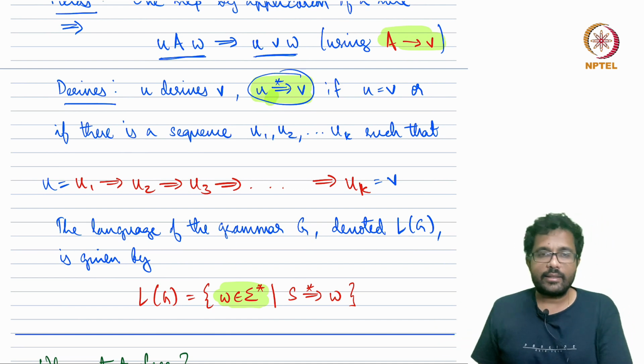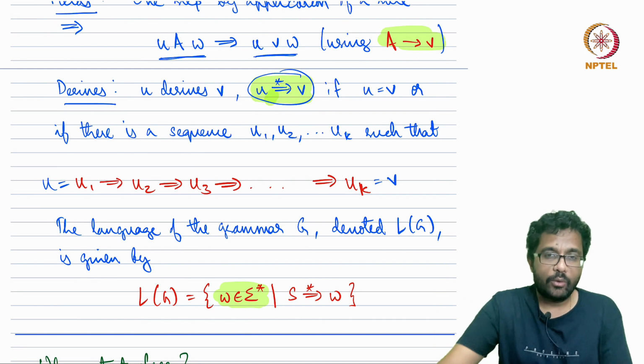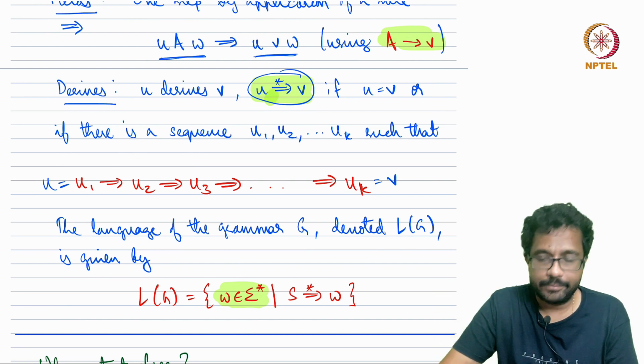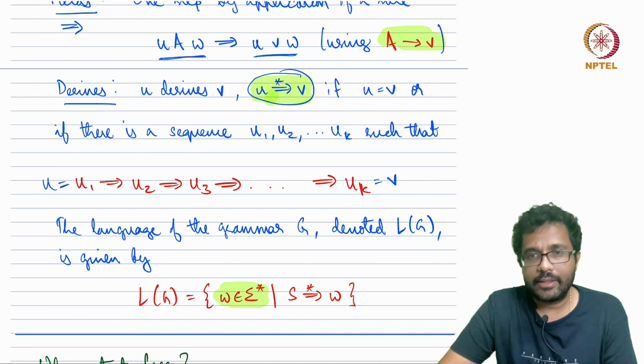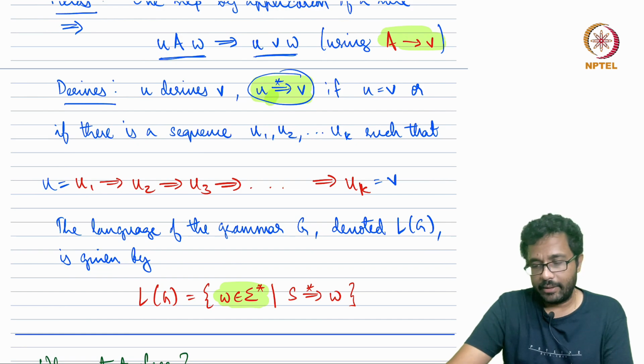So the language is the set of all strings that only consist of terminals and can be derived from the starting variable.